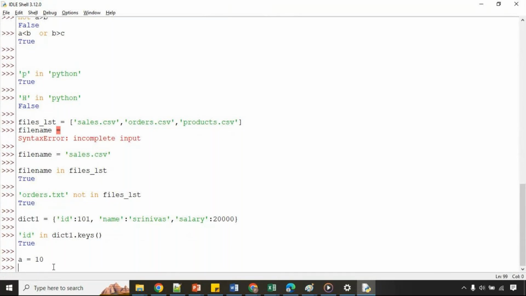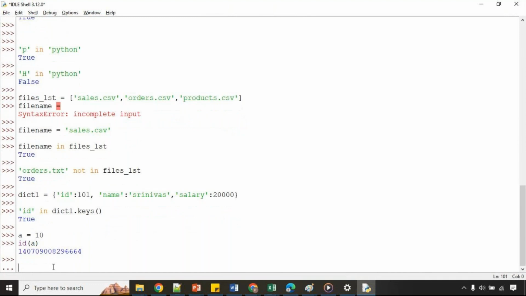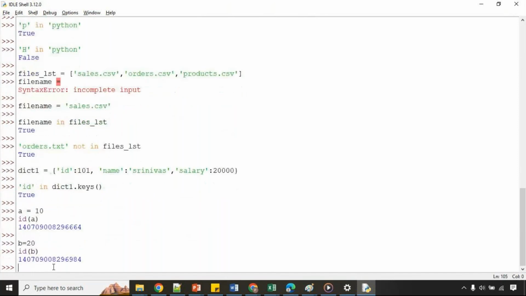In Python, there is a predefined function id which is going to give the address of the element. This is the address. B equal to 20. Address of B. So in the backend some address will be allocated for this one.